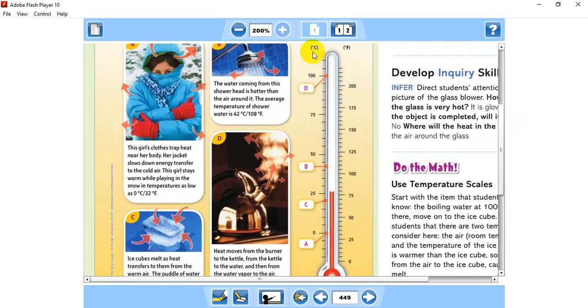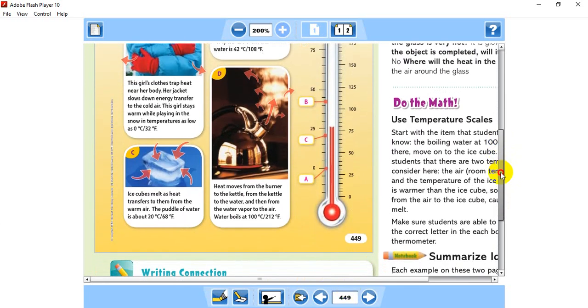See, this is the Celsius side and the Fahrenheit side. In Celsius, the level 100 means this is the point where the water starts to boil. And here on the Fahrenheit scale, the water will boil at 212. Okay guys, I think you understand it.